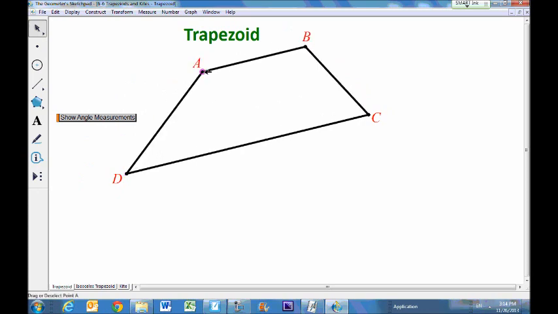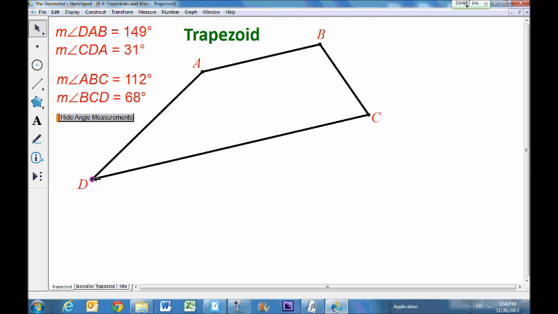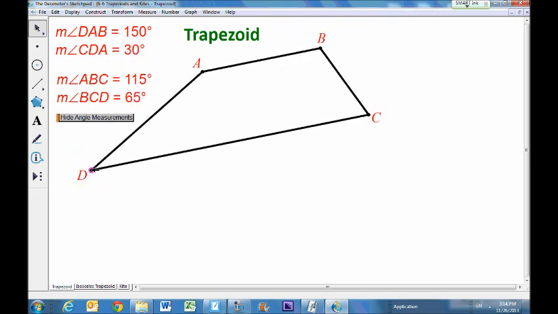I'll draw in the angle measurements, and we'll notice, let me find a good angle. That's good enough. You'll notice that angle A and D add up to be 180, and angles B and C add up to be 180.